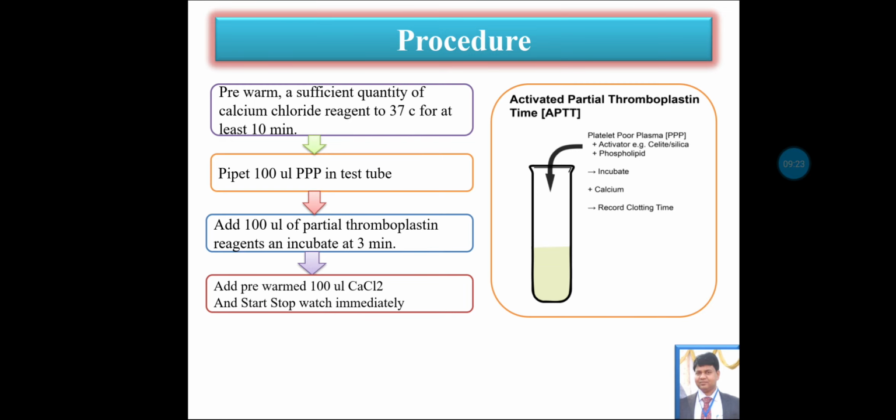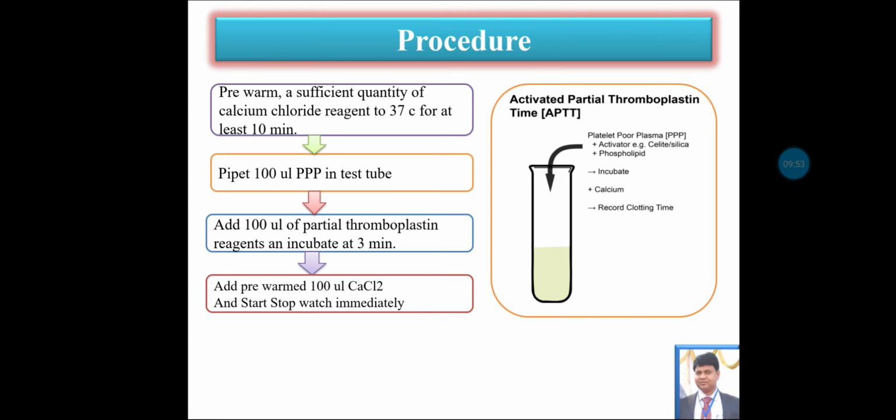So the blood taken for this test is in sodium citrate solution, and this blood is then centrifuged at 3000 rpm for 15 minutes, and we take out the platelet poor plasma from there for this test.